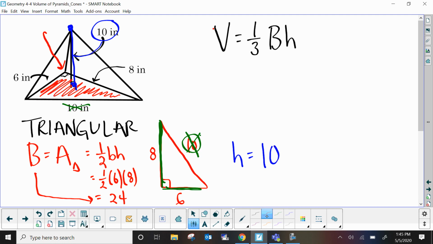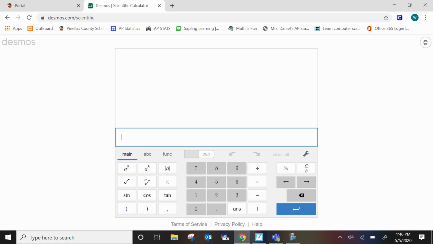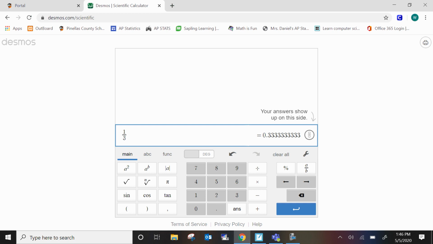All right, I can take those values and plug them into this formula. 1/3, the capital B, we found that to be 24. And then the height of the pyramid itself is 8. All right, so if I go to that Desmos calculator, 1/3, I'm going to make sure I move it over so it's a fraction, times the 24, that's the area of the base, the capital B, times the 8, and that was the height of the pyramid.